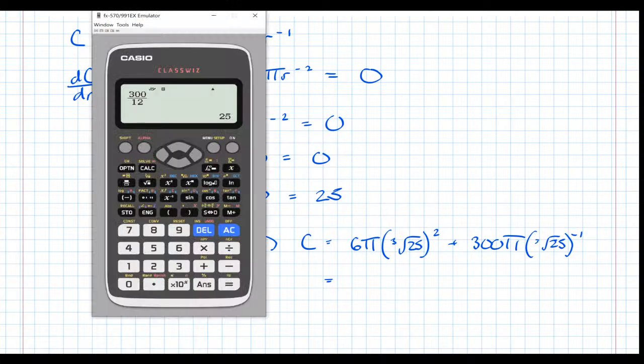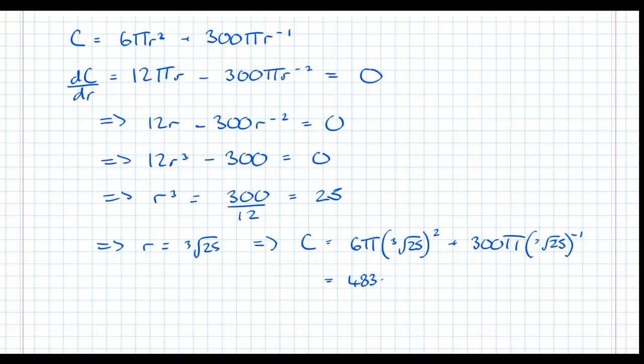It wants it to the nearest pound, remember, so 6 pi (cube root of 25) squared plus 300 pi (cube root of 25) to the minus 1 equals 483.48, which is approximately, to the nearest pound, 483 pounds. So that's that bit done.